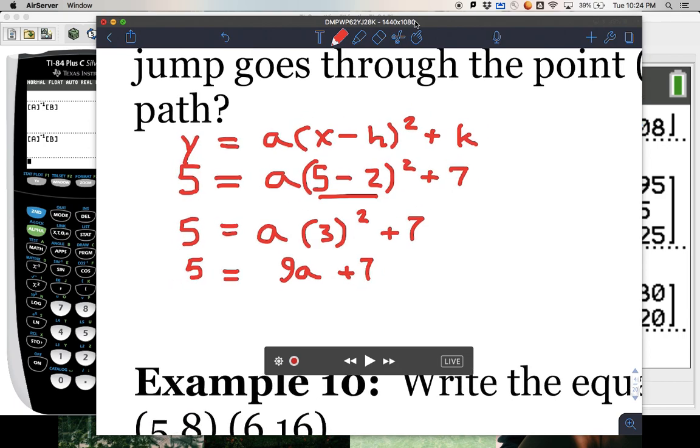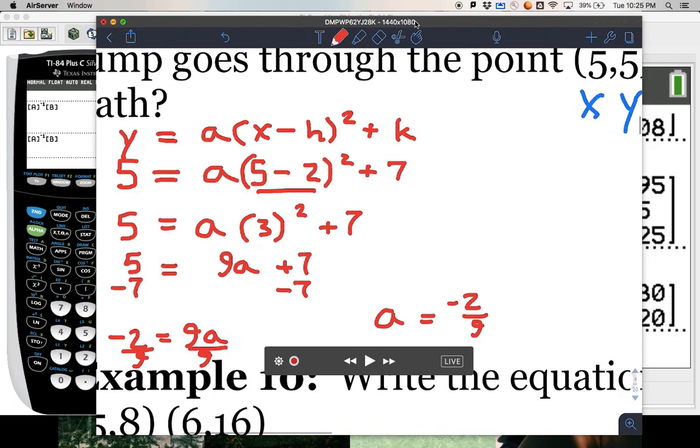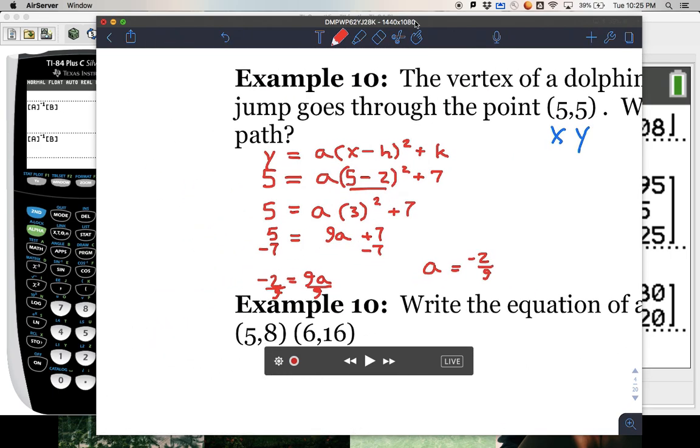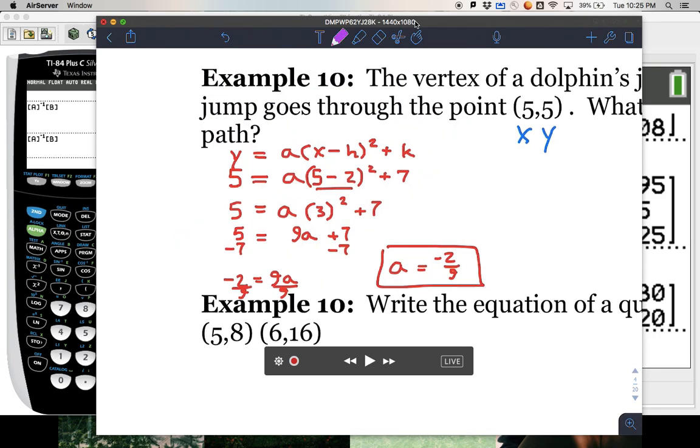Now this is looking like something from day 1 of algebra. We'll subtract 7 from both sides, that's negative 2, and then divide both sides by 9. That gets us a is negative 2 over 9. Once you get that, that's not technically the answer. You're trying to find the equation that goes through those points.